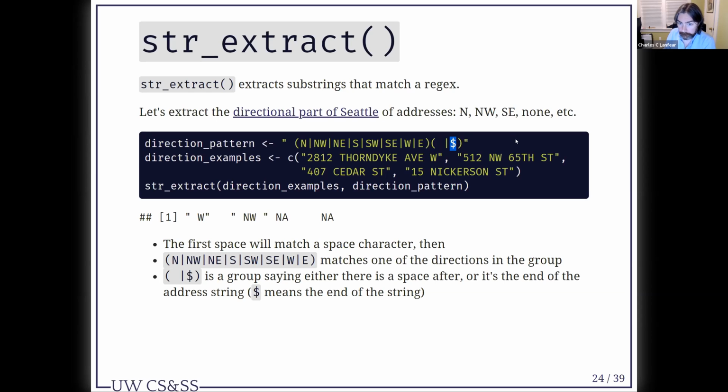Okay? So here's a question. Can you explain why it didn't pick the N in the last element here? Yeah. The reason it didn't is because this expression says find the directional, but it must then be followed by one of the things in the parentheses, which is either a space or a $. Well, this N is followed by an I. An I isn't a space, but it's also not the end of the string.